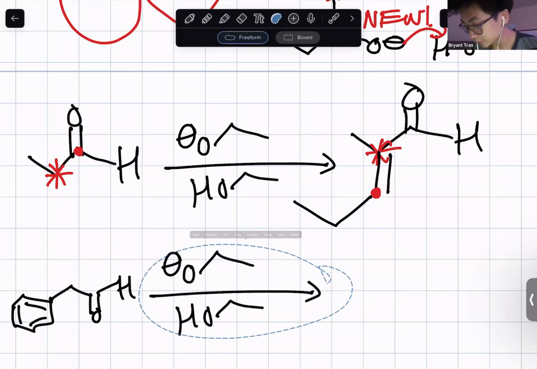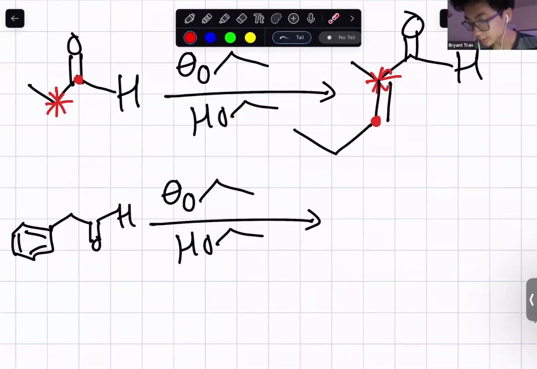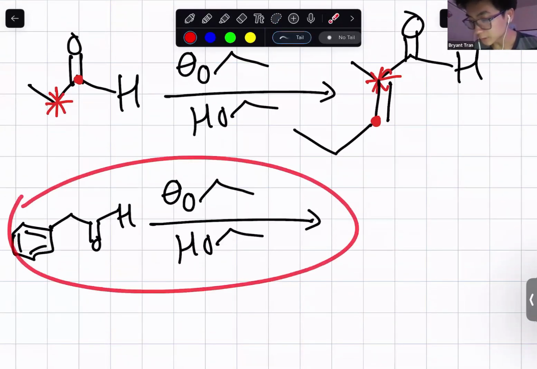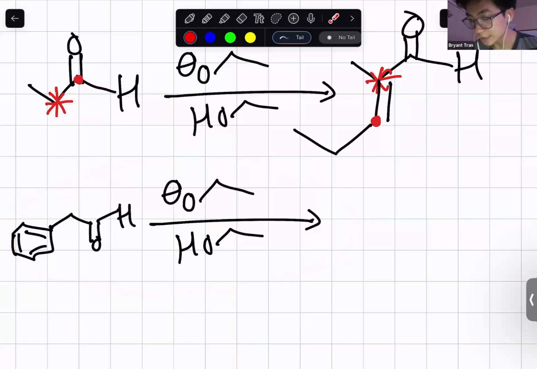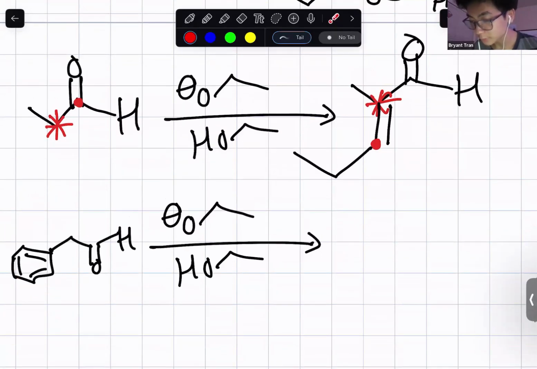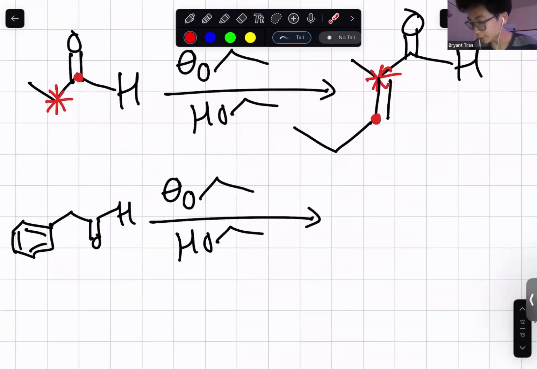You could practice the mechanism after, but take a screenshot of this and practice the shortcut I just showed you to predict the aldol dehydration product here. Okay, now I'm going to check your work for 8B.